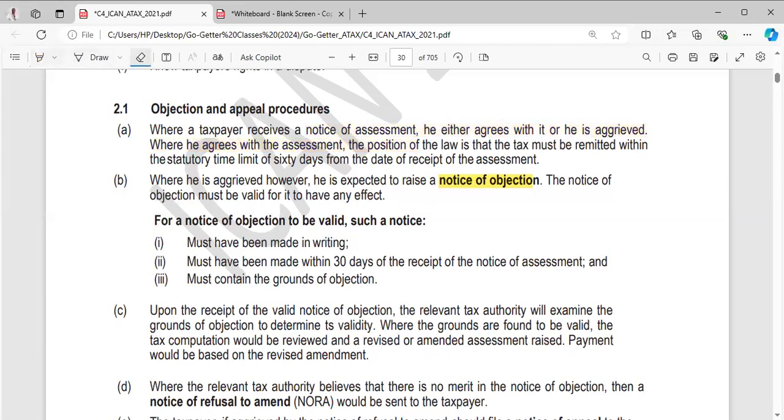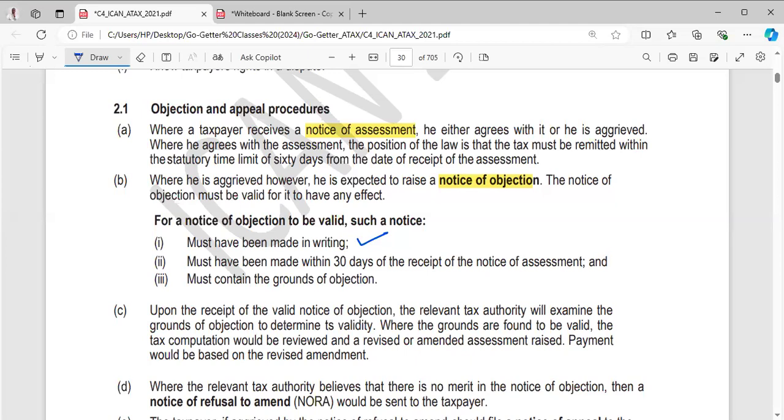A valid notice of objection will have the following characteristics. One, it must have been made in writing. So it means that you cannot use verbal objection. So they give you a notice of assessment you are not happy with.